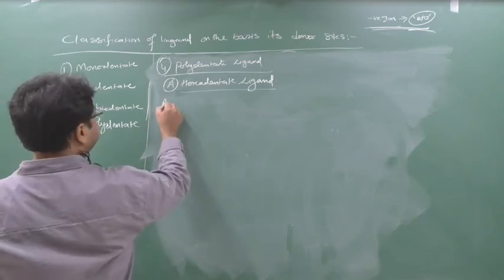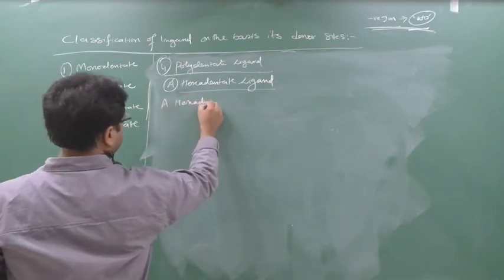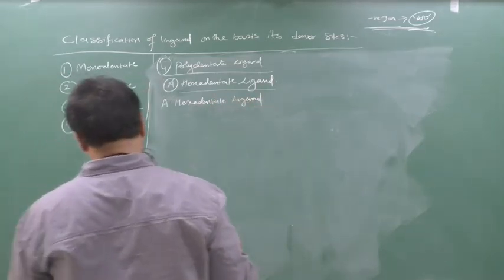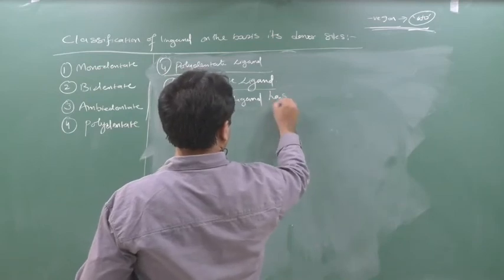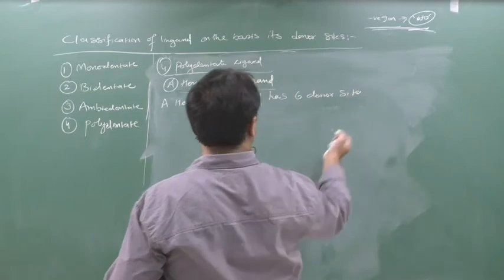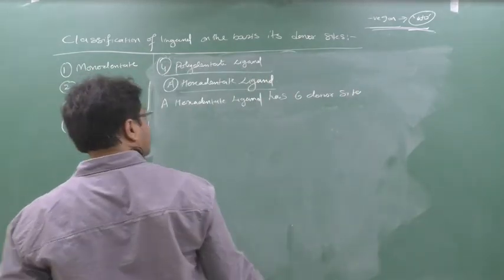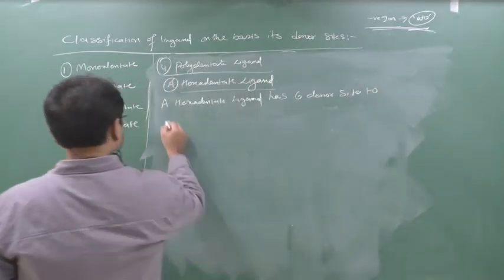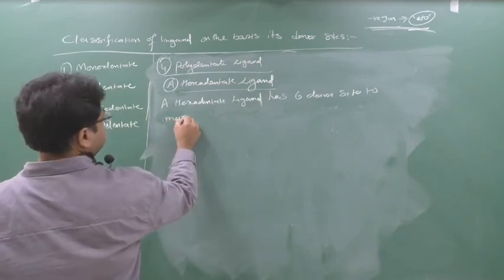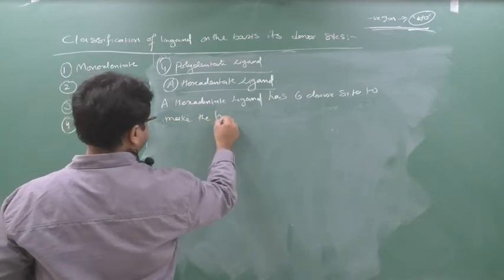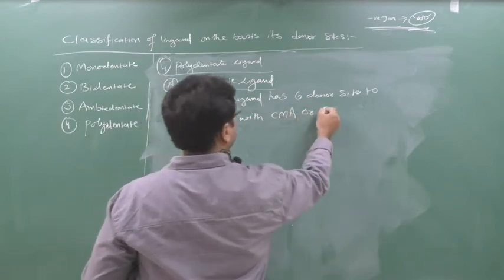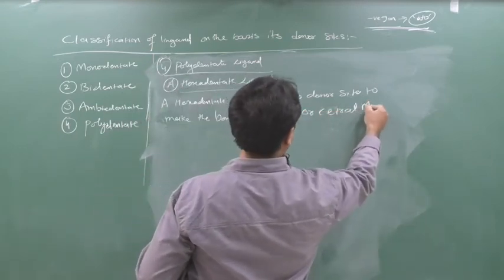A hexadentate ligand has six donor sites. Hexa means six, no? Six donor sites to make a bond with the central metal atom or central metal ion.